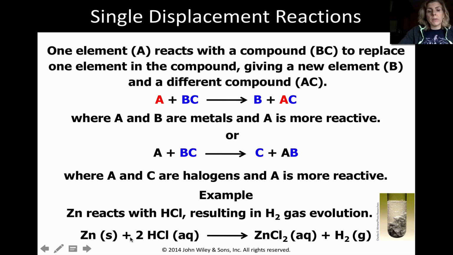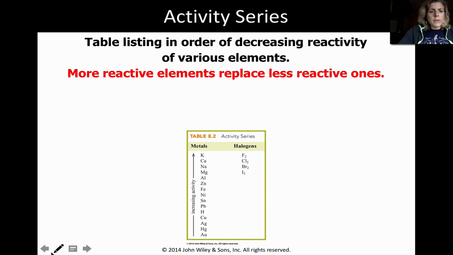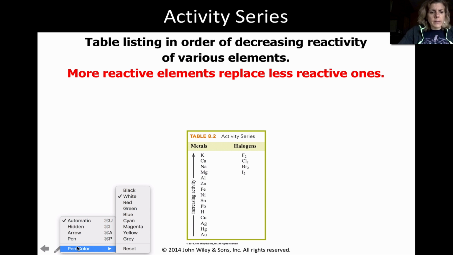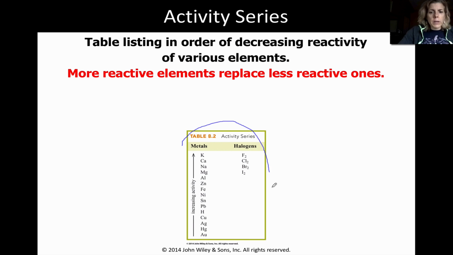Here's an example. Zinc with hydrochloric acid forms zinc chloride and hydrogen gas. We've actually done this in the lab before. What you need is this table that is listed at the bottom here, and this is something that I will give you on the test.